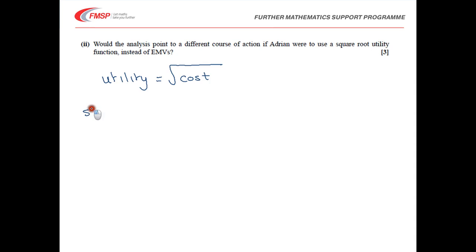So if he stays in his house, then the utility is going to be the square root of the £4,800 that it's currently costing him, which is 69.28.